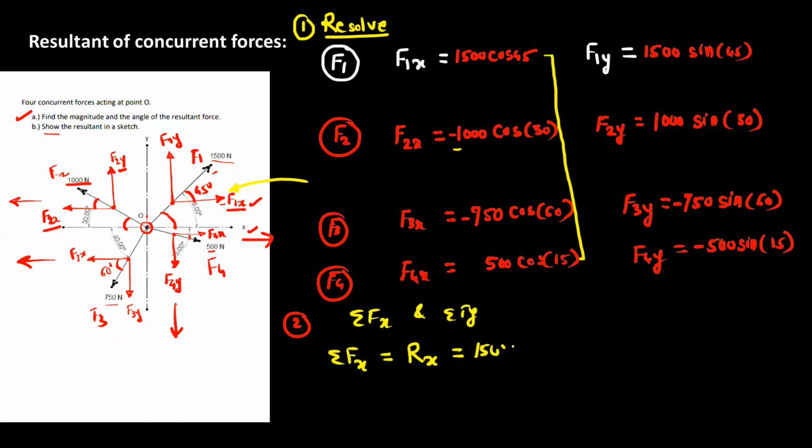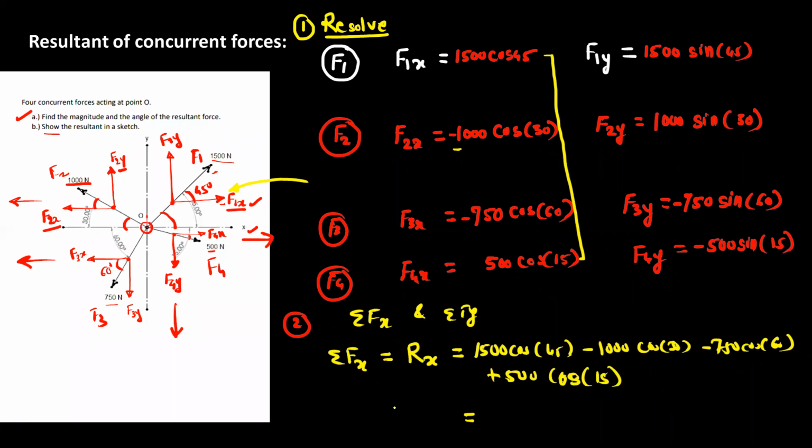First is 1500 cos 45, then minus 1000 cos 30, minus 750 cos 60, and plus 500 cos 15. Okay. Now solve this in your calculator and get the answer for summation Fx or Rx. So I will show how to enter this in your calculator.